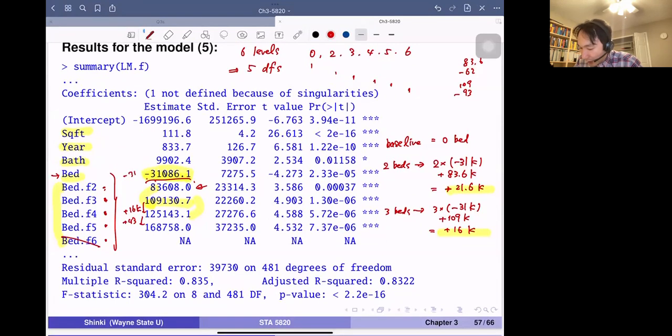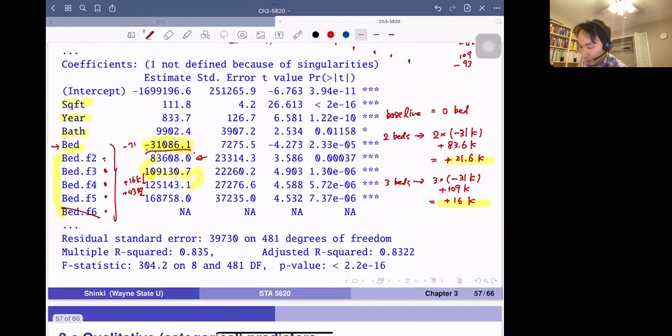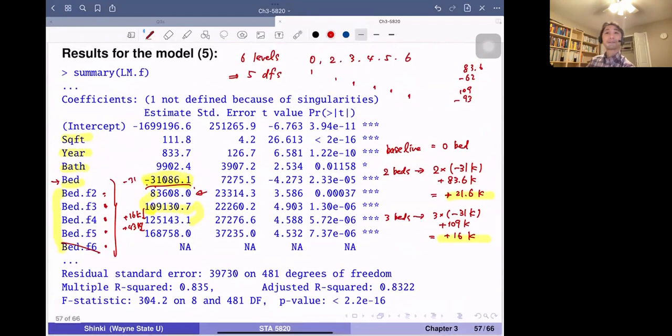So maybe plus 12,000. So 5 bedrooms worth a little more. Probably 5 bedroom houses have more luxury features, so that's why it boosts price. So bedroom itself does not add value maybe, but still in the regression model it's worth more.